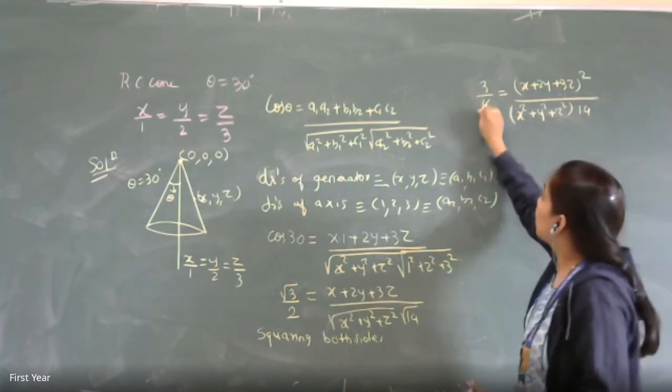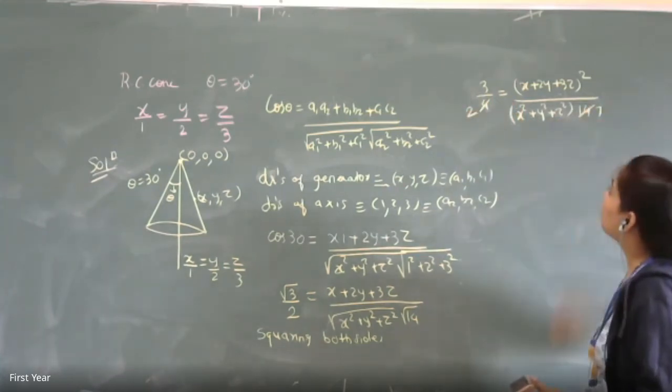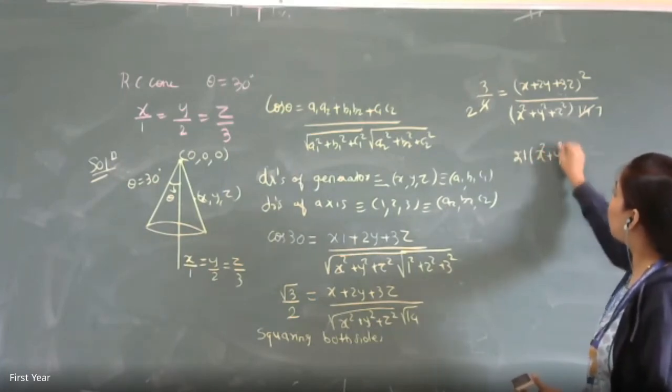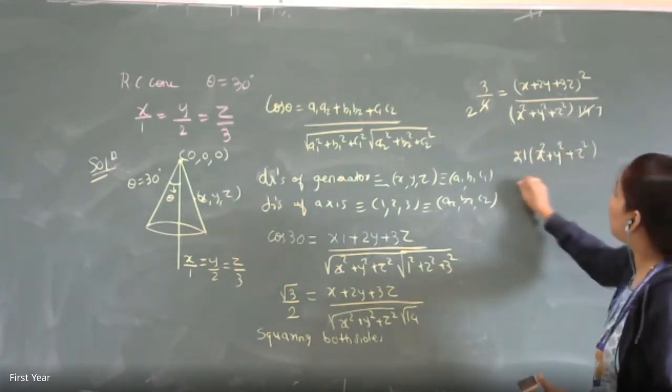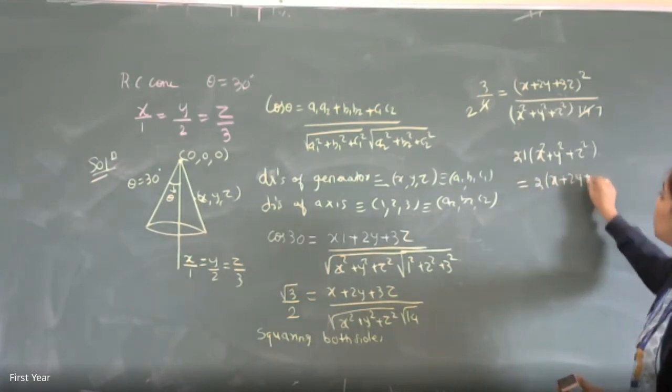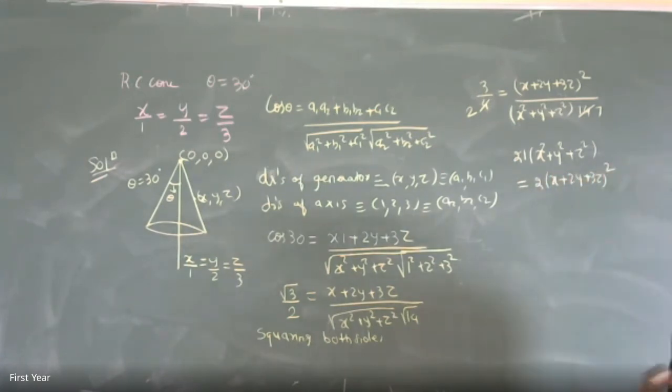So 14 and this will get cancelled. This is 2, this is 7. And that's why 21 into x square plus y square plus z square will become equal to 2 into x plus 2y plus 3z the whole square. Is it okay?